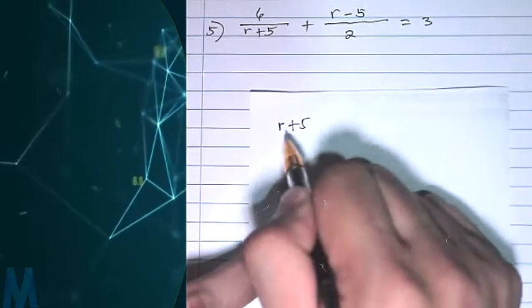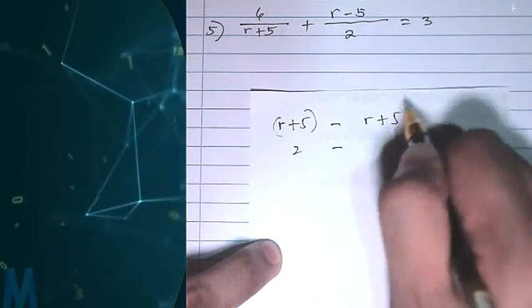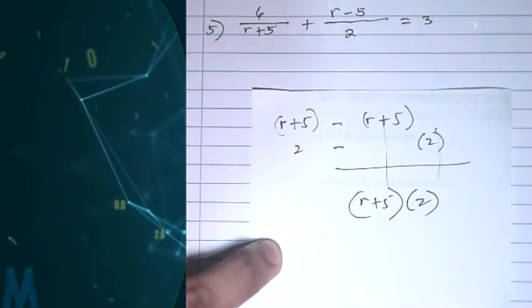Okay, so that is r plus 5, then 2. So by prime factorization, we have r plus 5, and then 2. Bring down. So you have r plus 5 times 2. Okay, so the LCM is r plus 5 times 2.